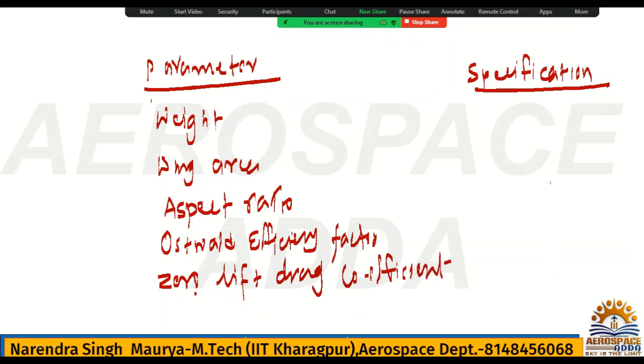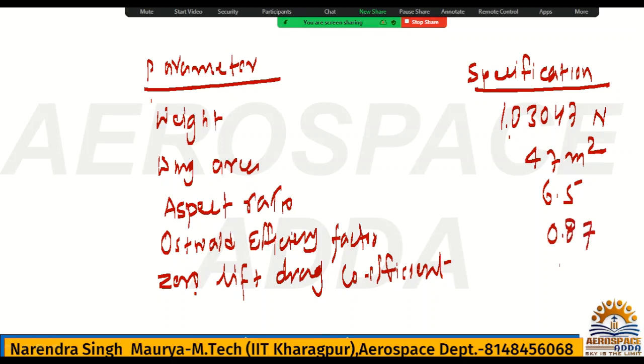Write down the given specification here. Weight is 103,047 Newton. Once again I have to check. 103,047 Newton. Area of the wing they have given 47 meter square. Aspect ratio they have given 6.5. Okay. Oswald efficiency they have given 0.87.